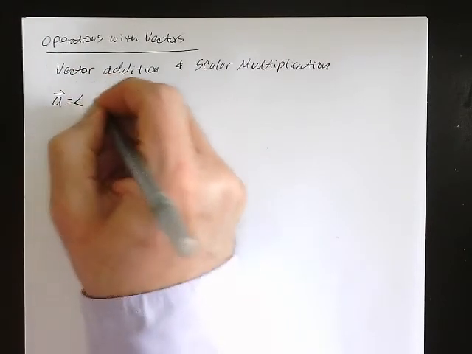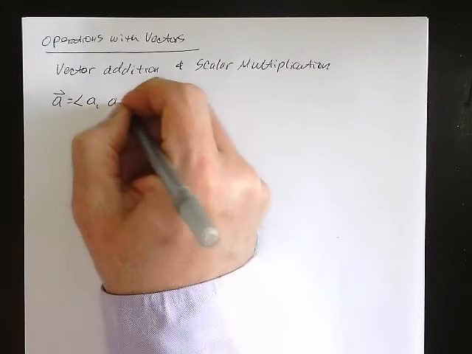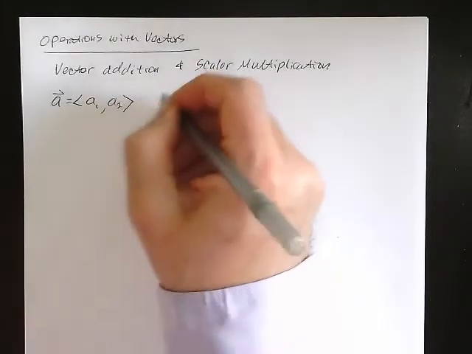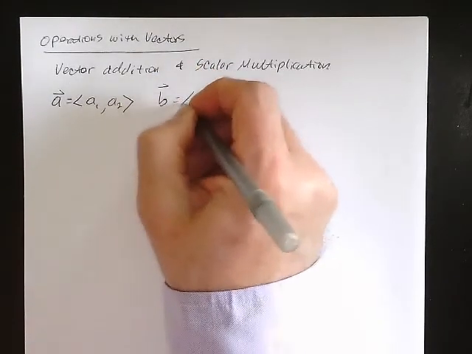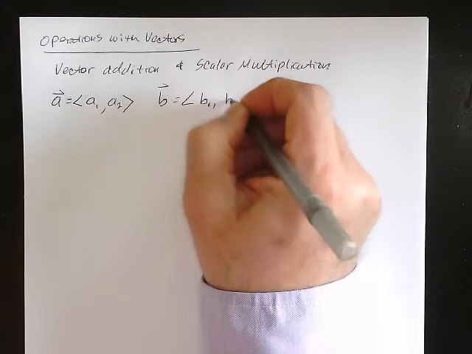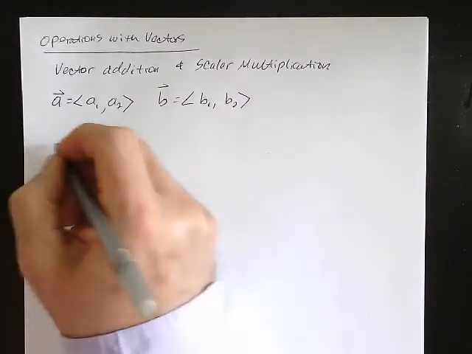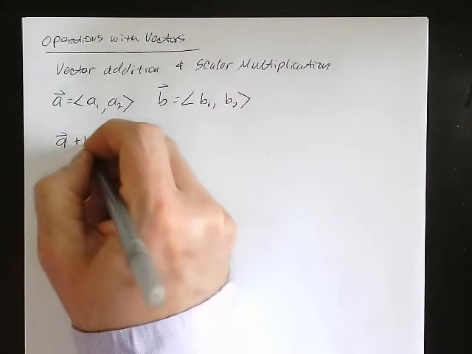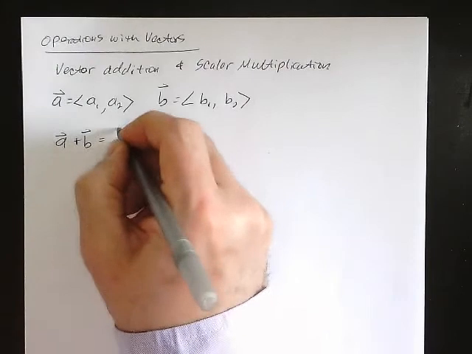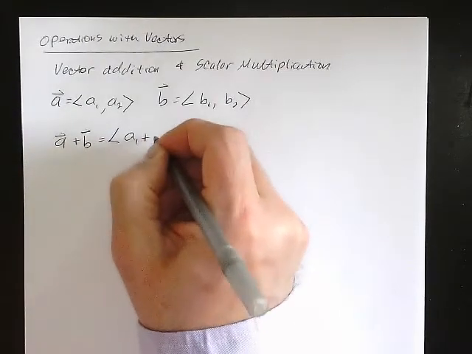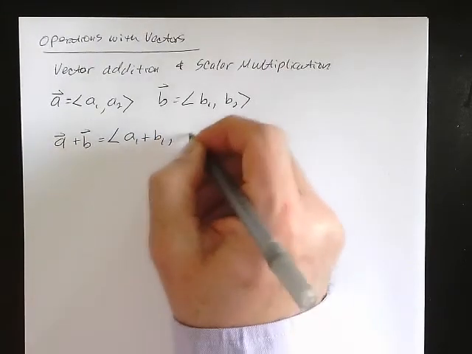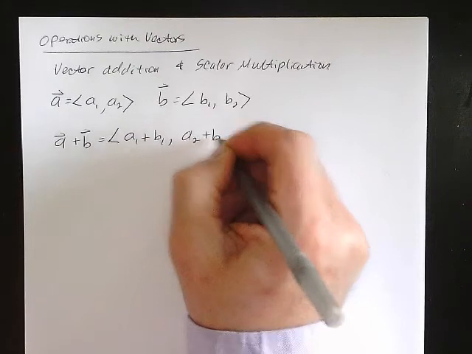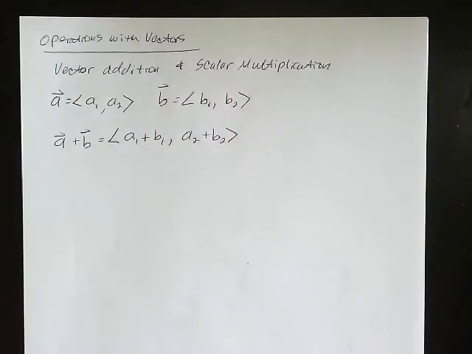So for vector addition, if you've got vector A with points A1, A2, and vector B with points B1, B2, then if you were to do A plus B, that would be A1 plus B1 and A2 plus B2.